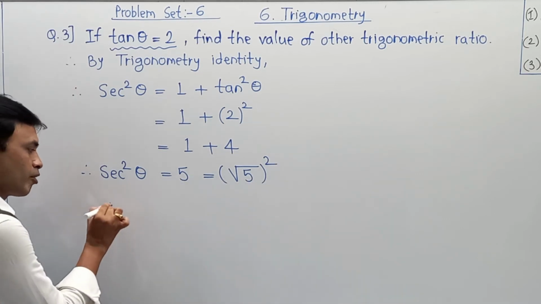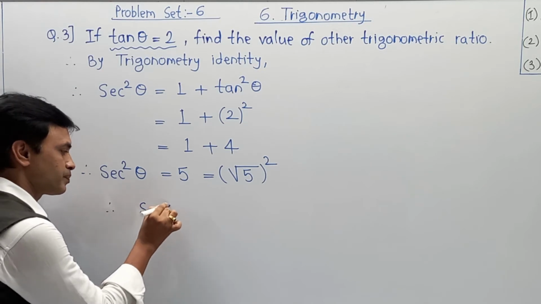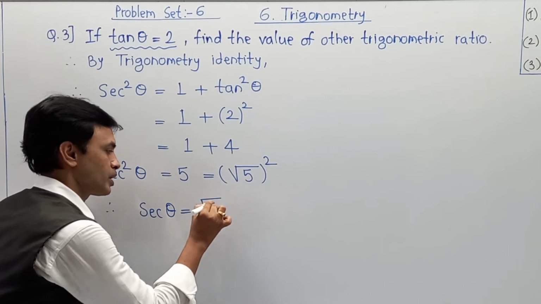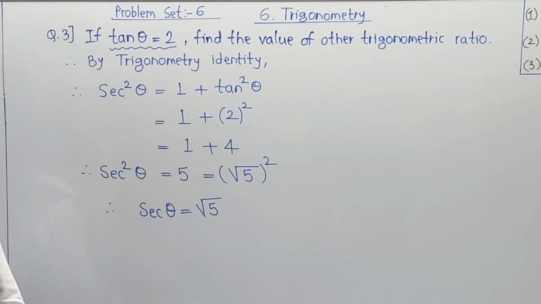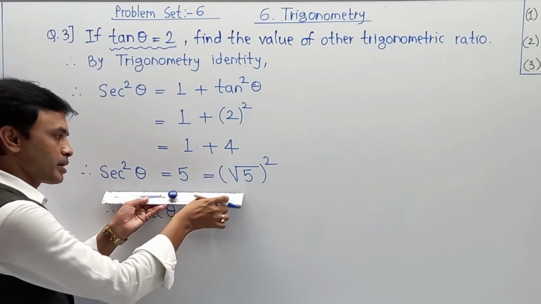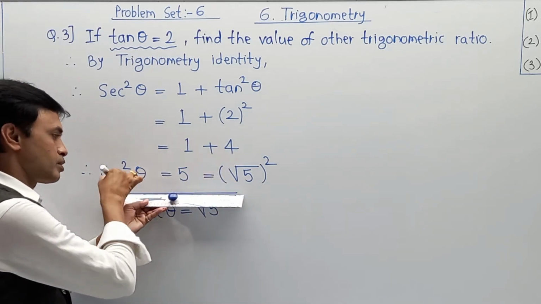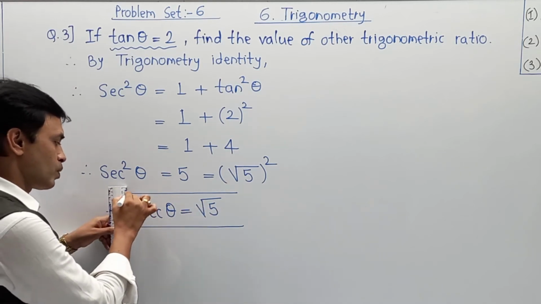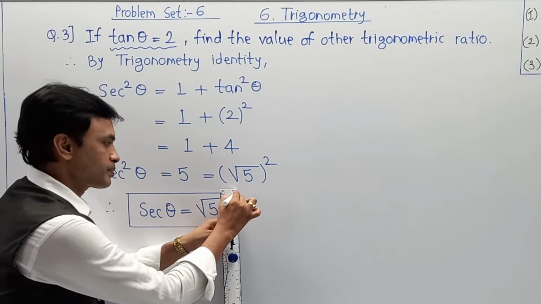Naturally you get the value of sec theta, and that sec theta is nothing but root 5, and this is the first value which is available for you. Sec theta is root 5. As it is one of your answers, I am going to make a box around this answer.